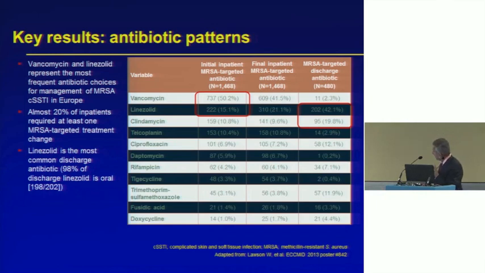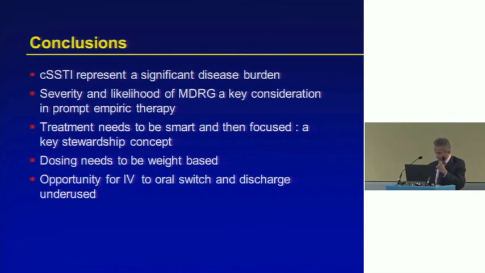And when you look at European survey data from 1,500 patients, you notice that a whole range of oral drugs are used to discharge patients in this particular case because it was due to MRSA. But if it's a gram-negative, you may use a very effective oral gram-negative agent that may actually promote their discharge from hospital. So in a sense, I think that these infections are a huge burden.